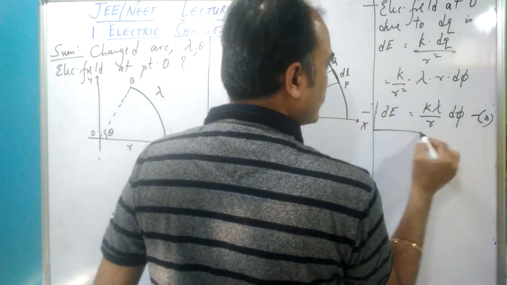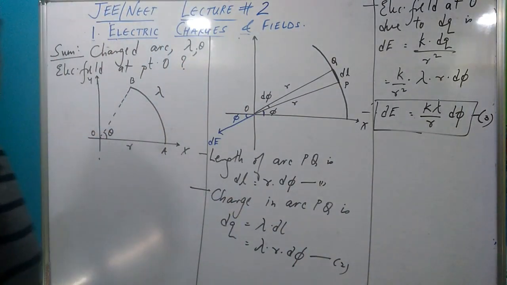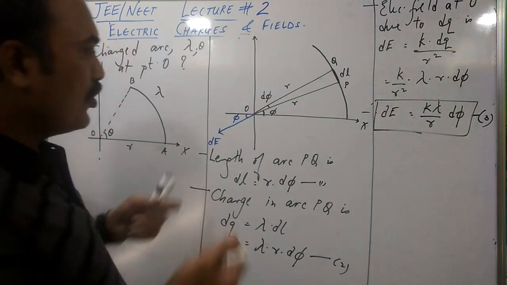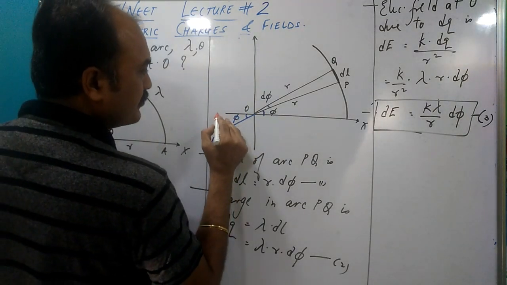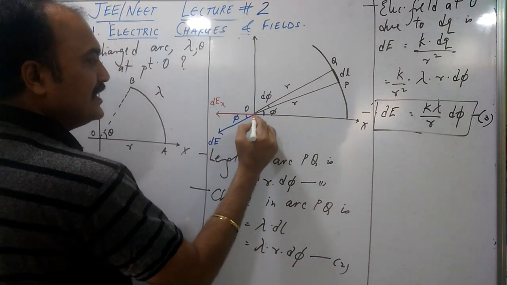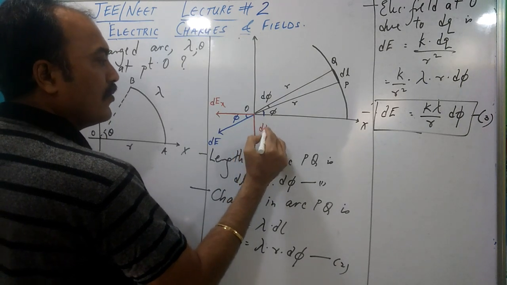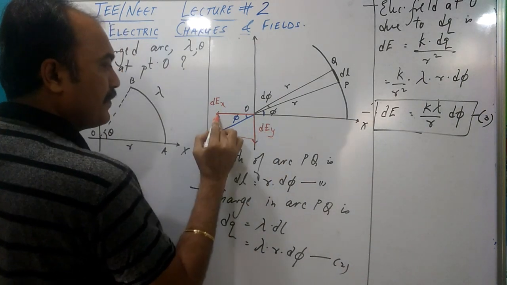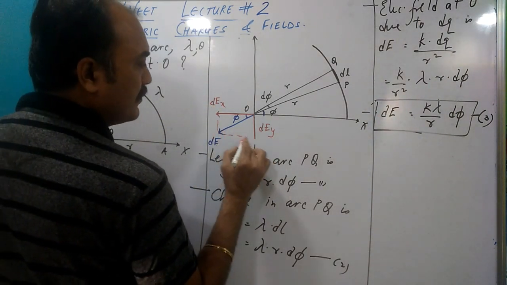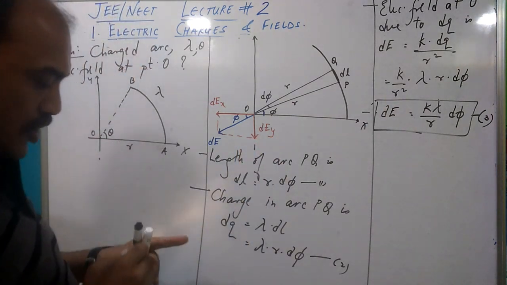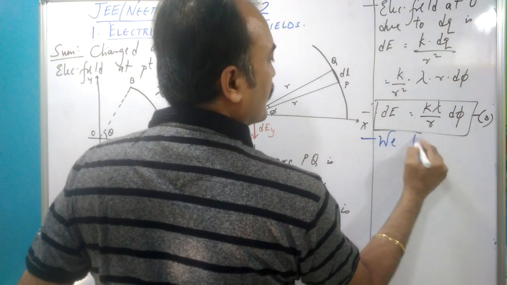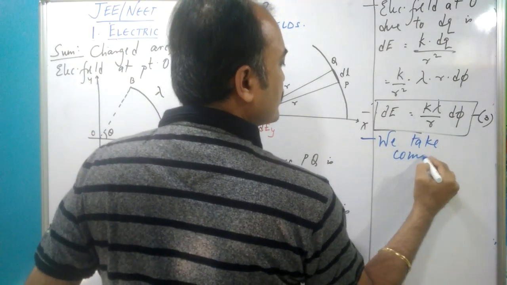This is not a small sum. No, it is an important sum. Be careful. I will have to take components of dE. There are two components of dE. If you see, this is the x component, I'll call it dEx, and this is the y component, I'll call it dEy. I'm sure everybody out here knows, with theta goes cos. So we take components.